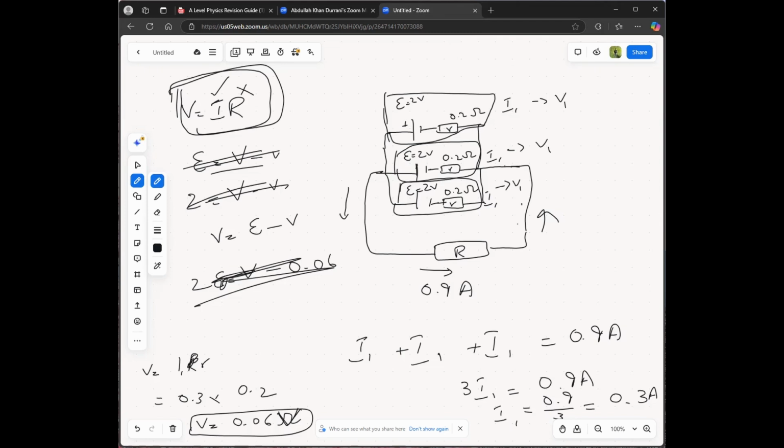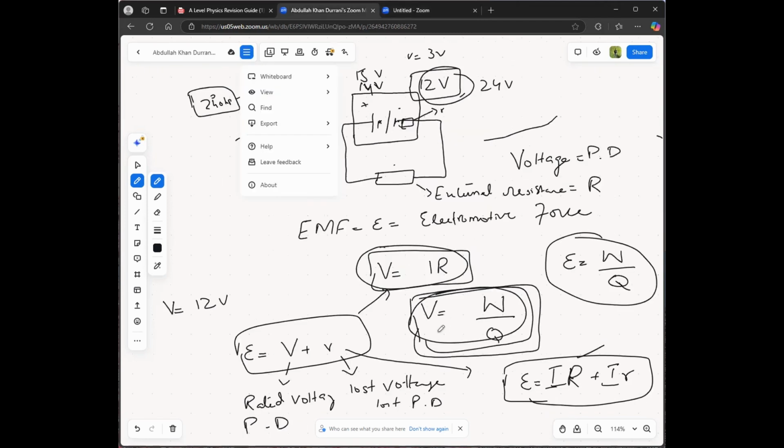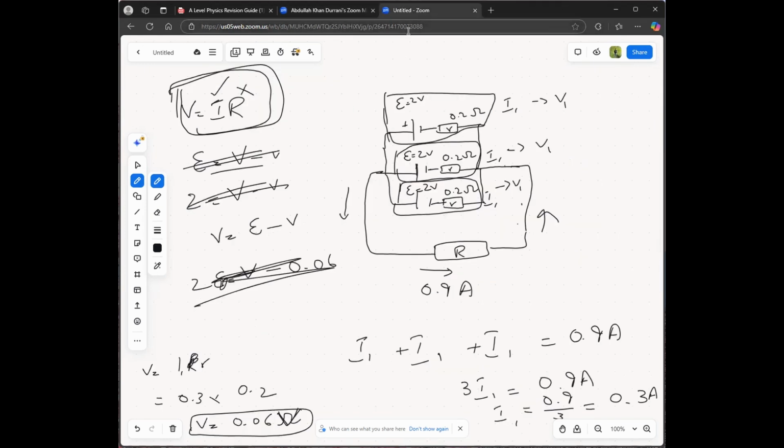That is the formula. See, it's basically that. And V is actually equal to EMF that is 2 minus 0.06, which comes out to be 1.94 eventually supplied by this, by this, by this, and they combine together, and still, because they're connected in parallel, it would be the same 1.94 volts.